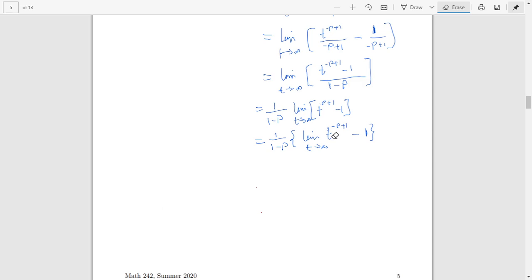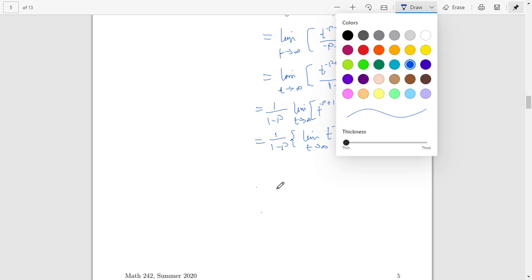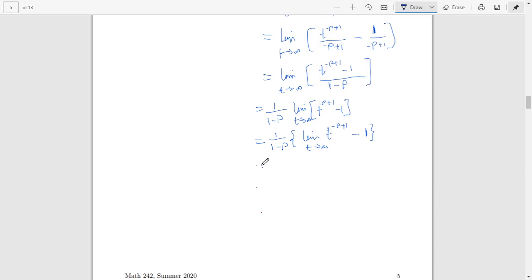Maybe let's rewrite this in a form that is easier to visualize. Let's imagine that I'm writing this as 1 over 1 minus p times the limit as t tends towards infinity of, instead of this, I want to factor out the negative, so I'll have t to the minus p minus 1. I'm factoring out that negative, then minus 1 here.